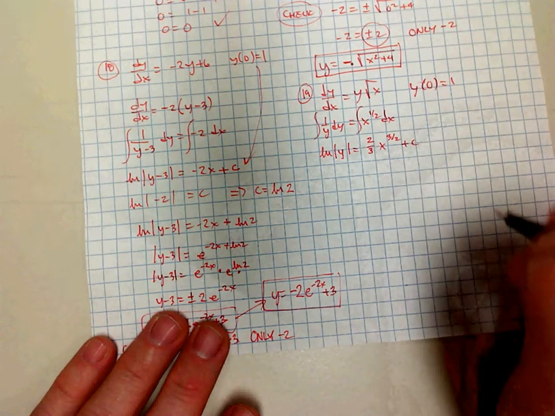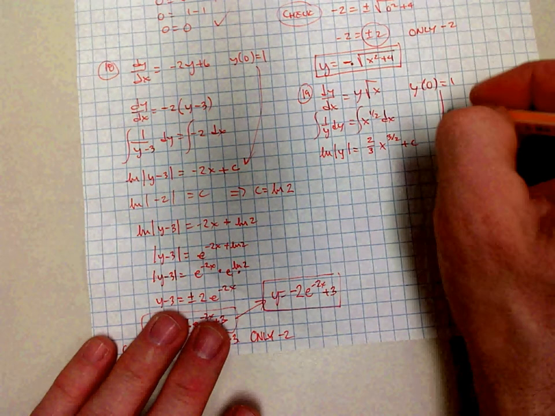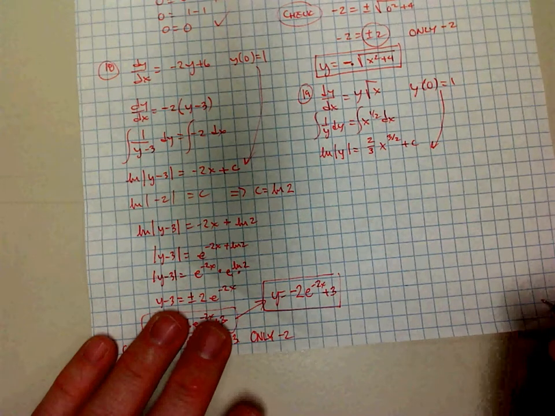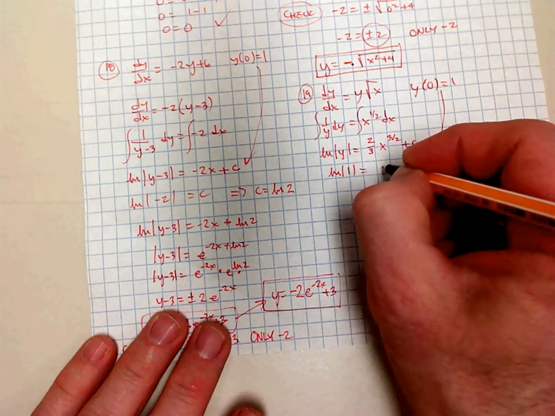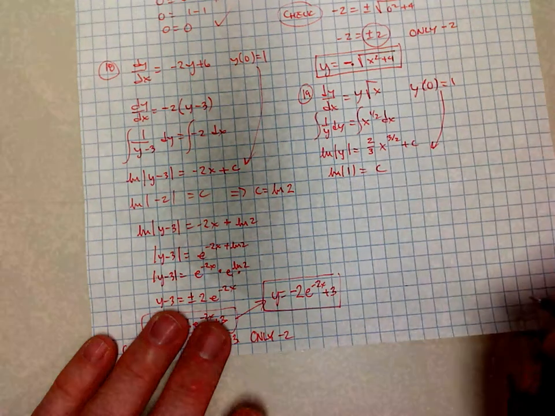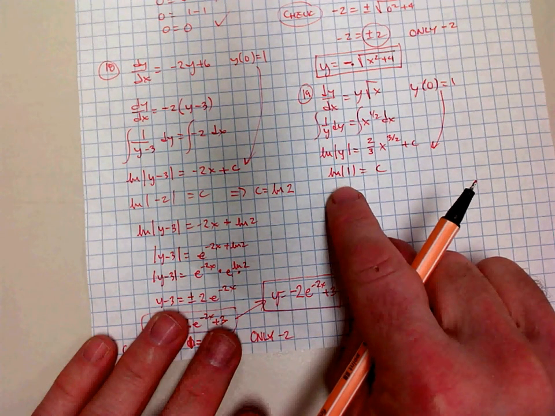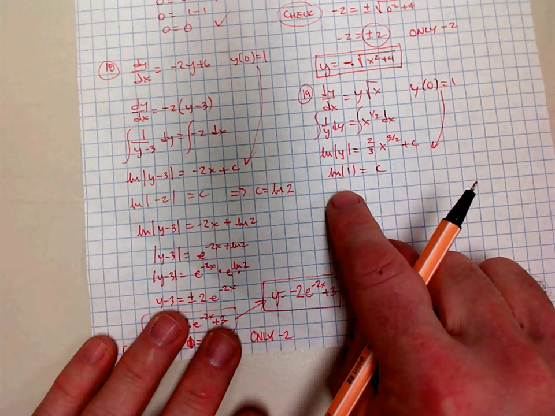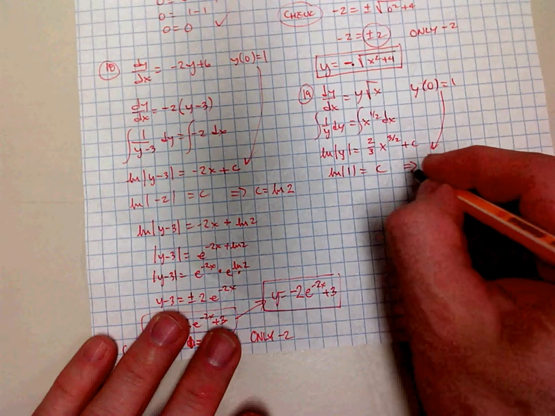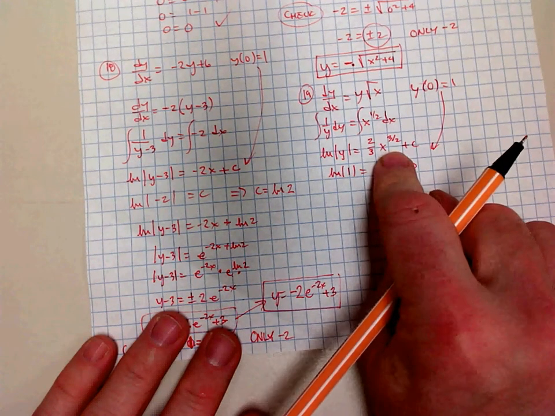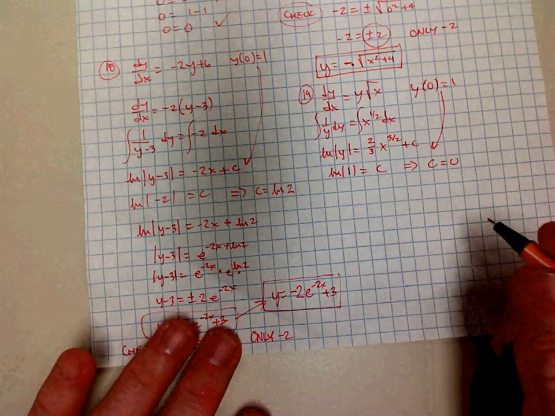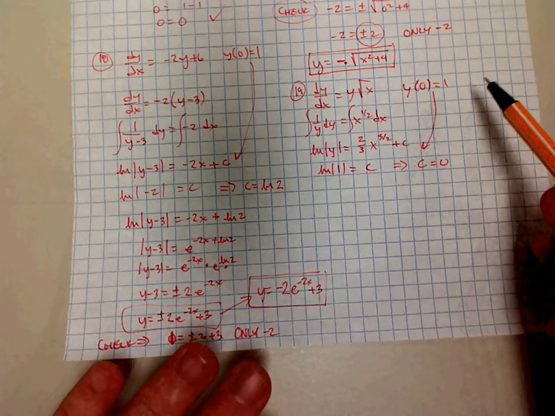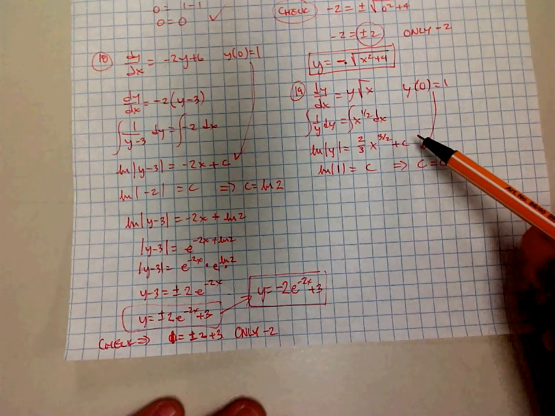Same thing, let's do some initial conditions here. We'll let y equal 1, and we'll let x equal 0. Of course, the natural log of 1 is just 0, and x is just 0, which means c is 0. So you can see a nice advantage of solving for c right away: sometimes c is just 0, and we get rid of it because it's just plain old 0.